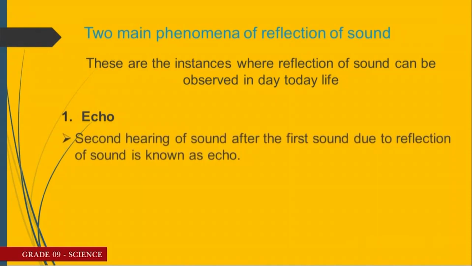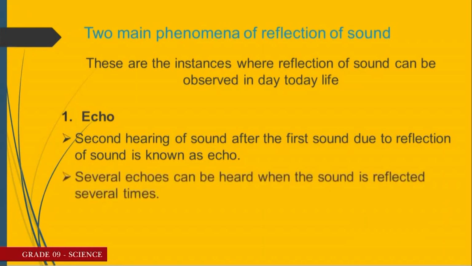Echo is the second hearing of sound after the first sound due to reflection of sound. Sometimes not only one echo; if the sound is reflected several times, you can hear several echoes. For example, reflection in an auditorium.